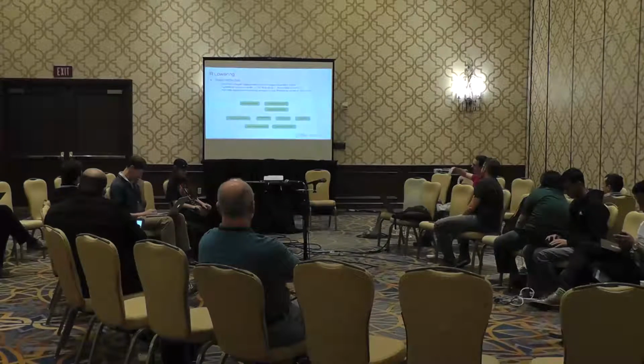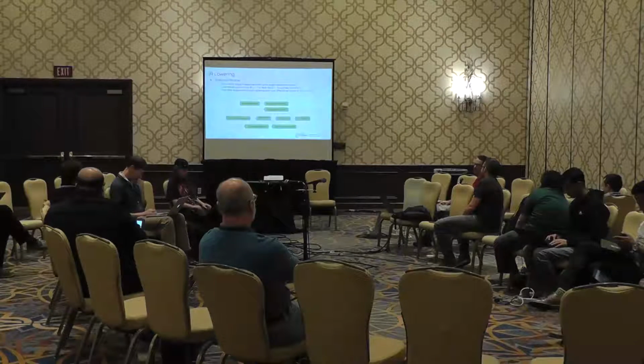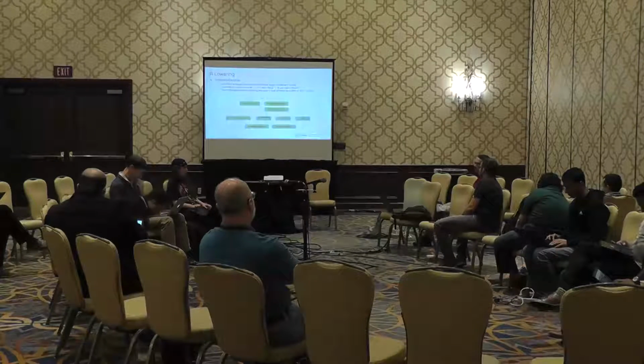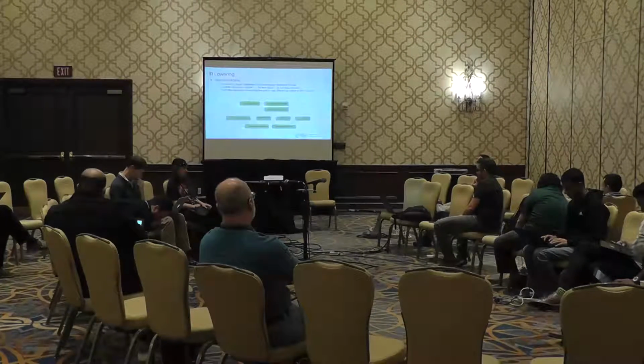You just have basic blocks, and you have IR instructions, and then there is a target-independent lowering. And the target-independent lowering says, oh, this is an add, I'll lower this as an add DAG node. But add doesn't mean anything in any architecture.